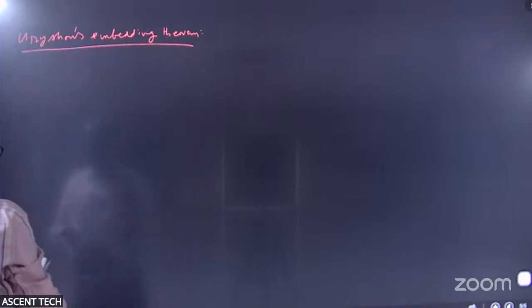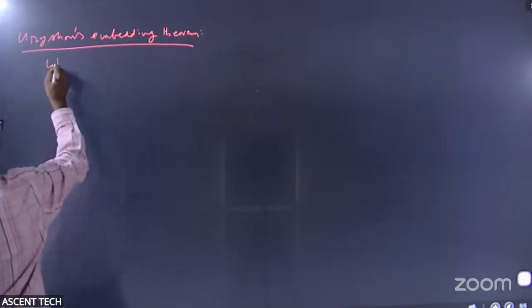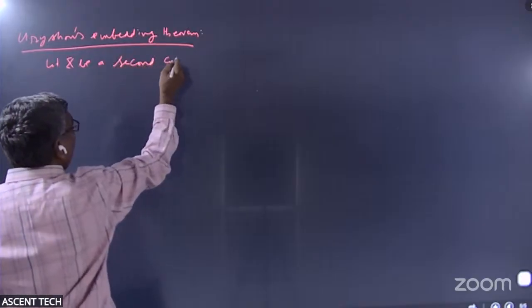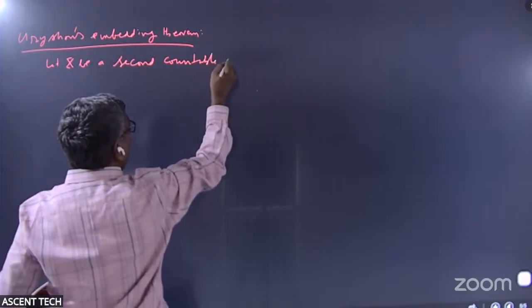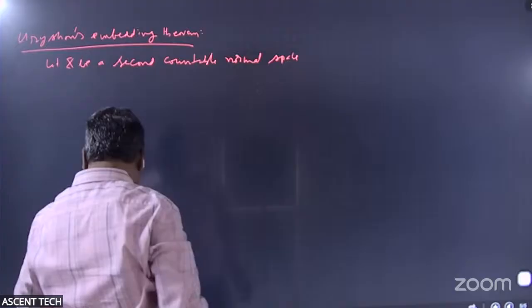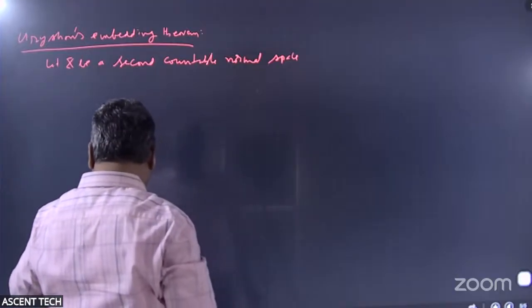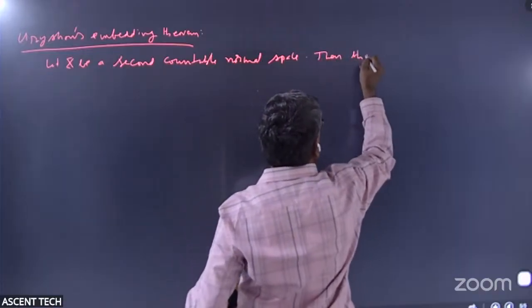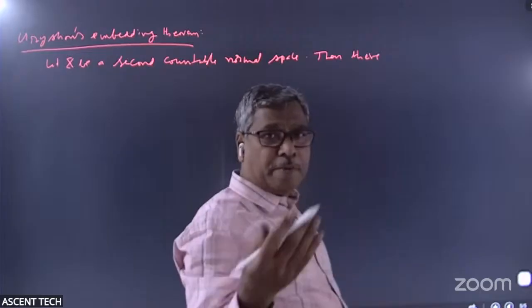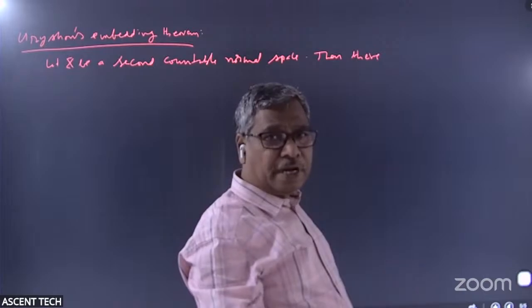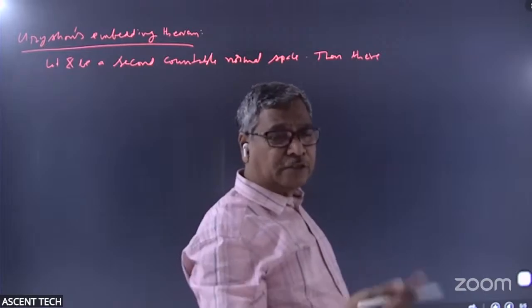Let X be a second countable normal space. Then there exists a homeomorphism F. Homeomorphism means a bijective mapping, continuous, and the inverse is also continuous.